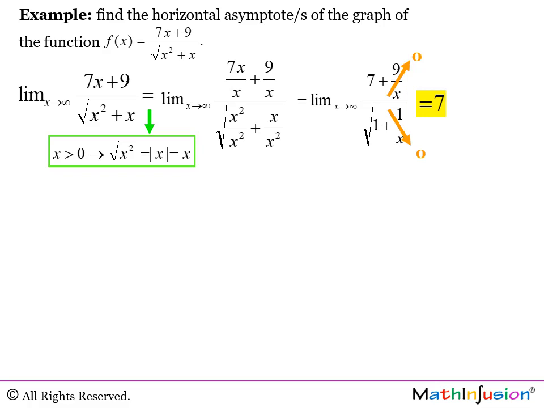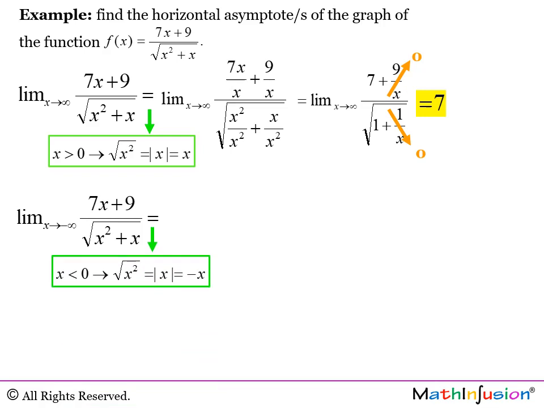Now let's do the more complicated limit. It is the limit when x approaches negative infinity. The complication here, again, I would recall that now the square root of x to the power of 2 is the absolute value of x, but the absolute value of x now is negative x because x is negative. It means that in the radical, we have to divide everything by x to the power of 2, but outside the radical, we are going to divide everything by negative x.